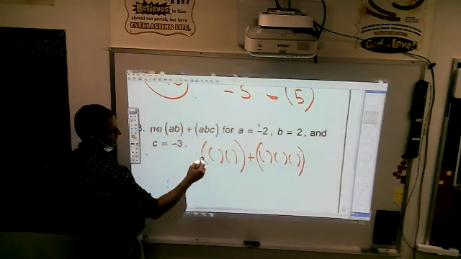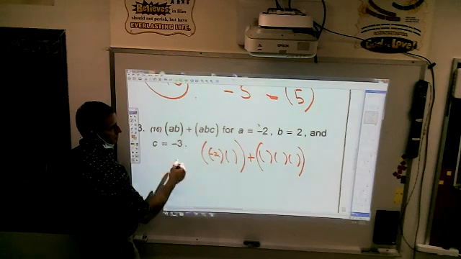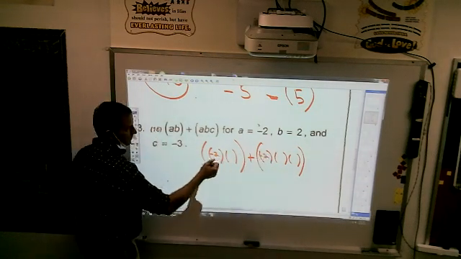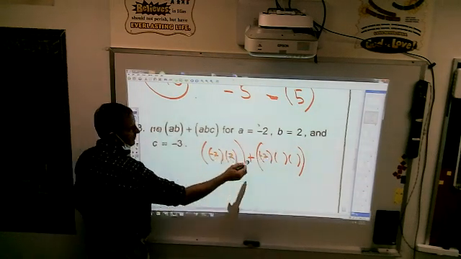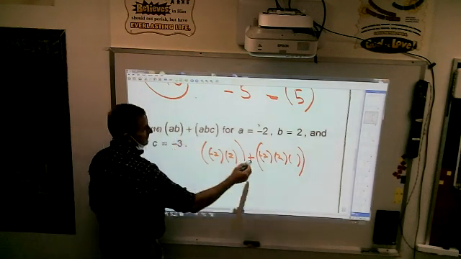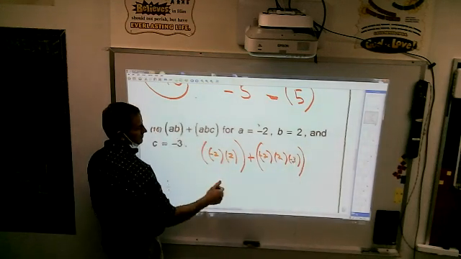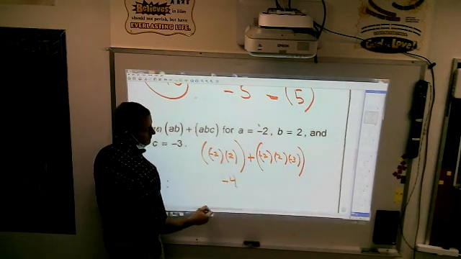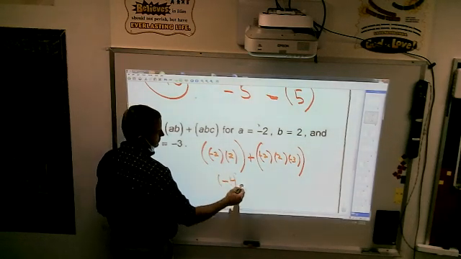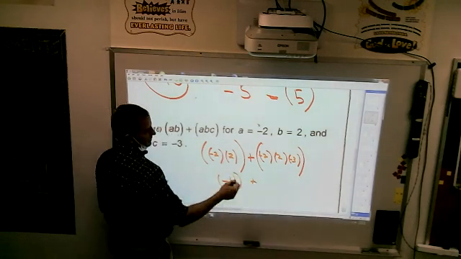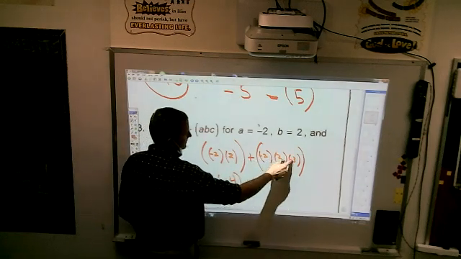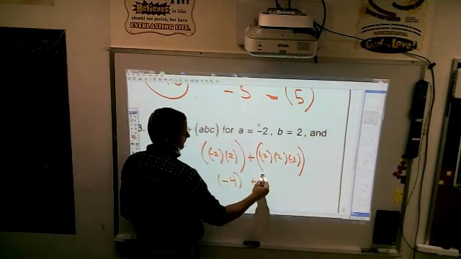A is negative 2. B is 2. And C is negative 3. So what is negative 2 times 2? Negative 4. You don't have to put parentheses, but sure, let's do it. What is negative 2 times negative 3? 2 negatives mean you're going to have a positive.